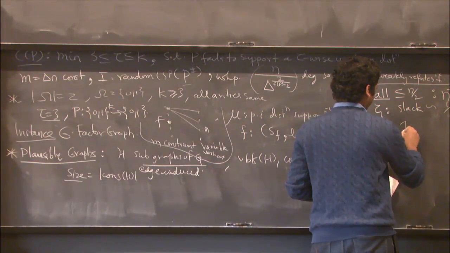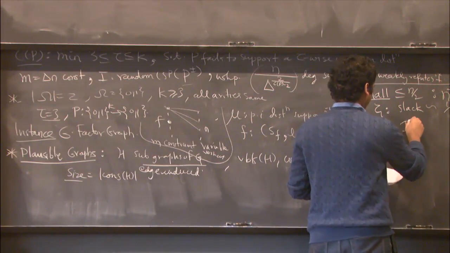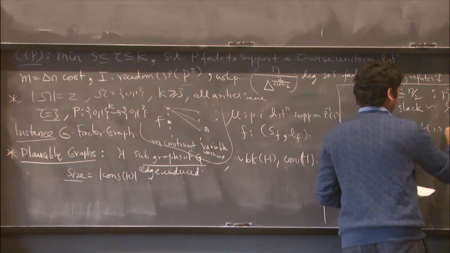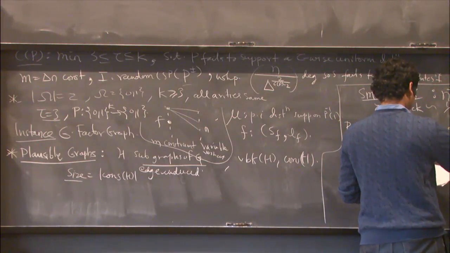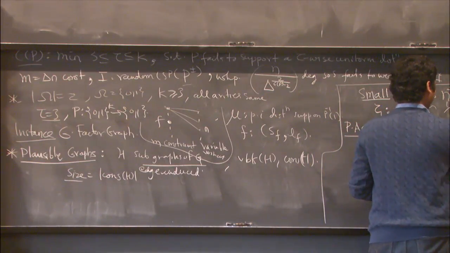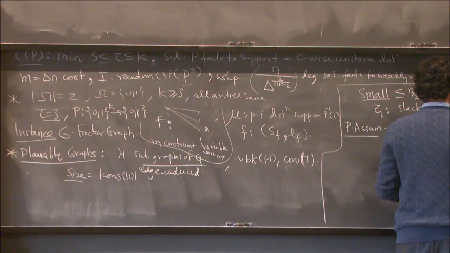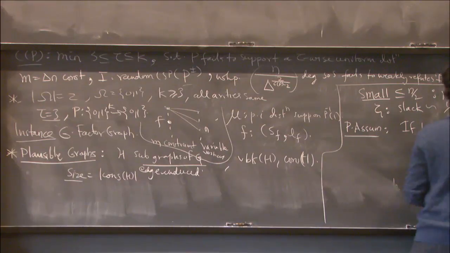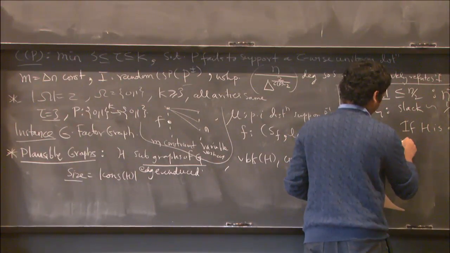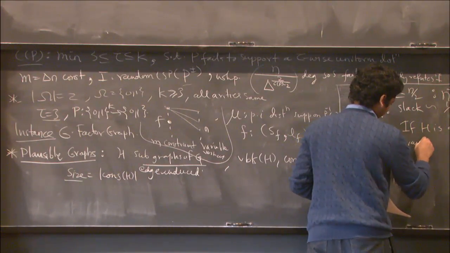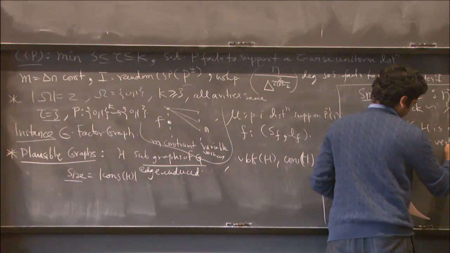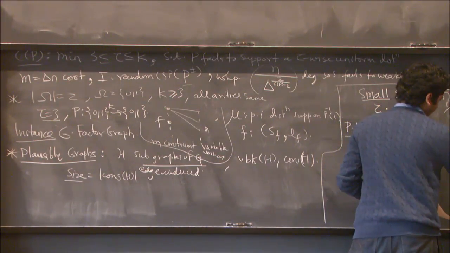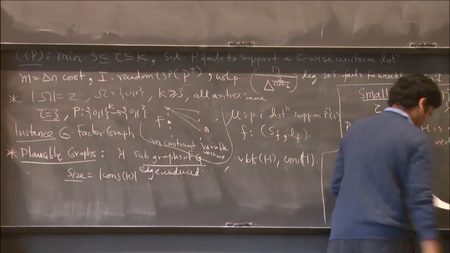So if H is a subgraph of G with all constraint vertices of degree at least 3.